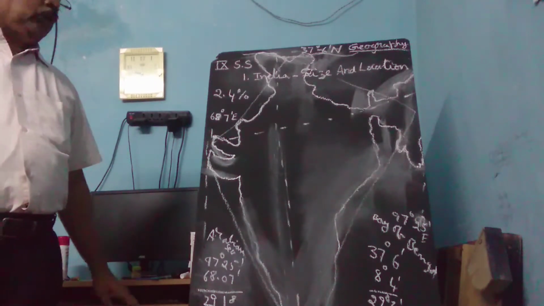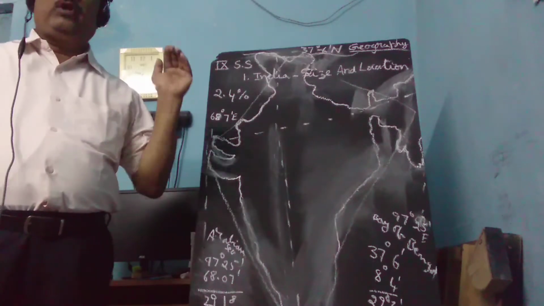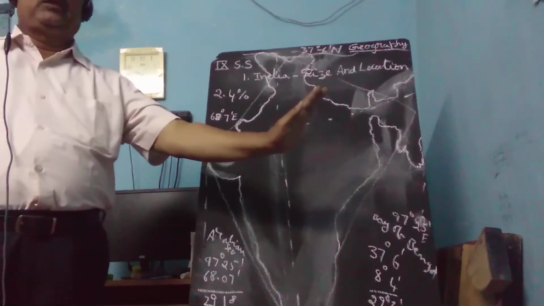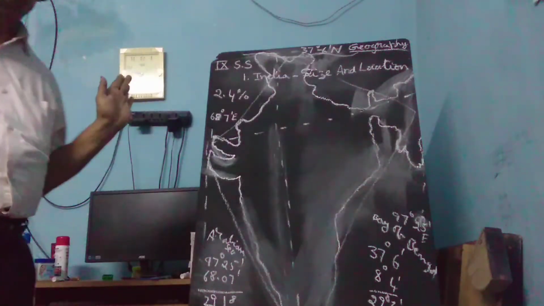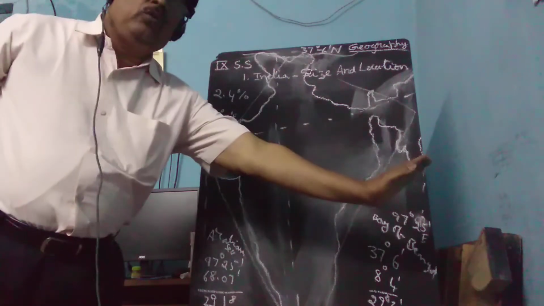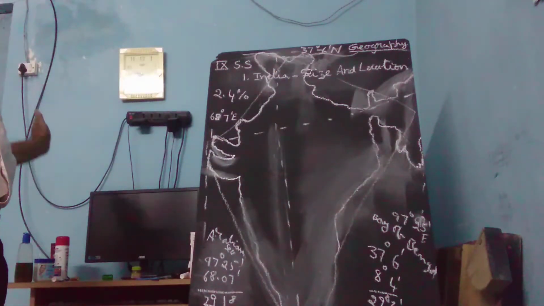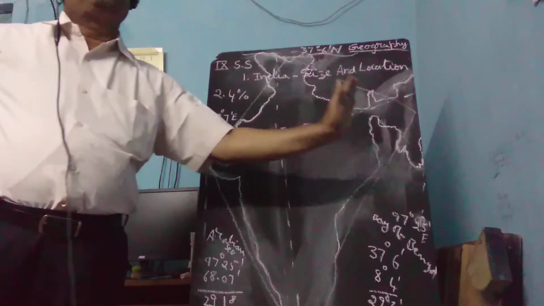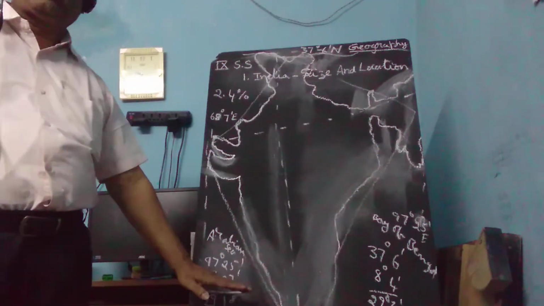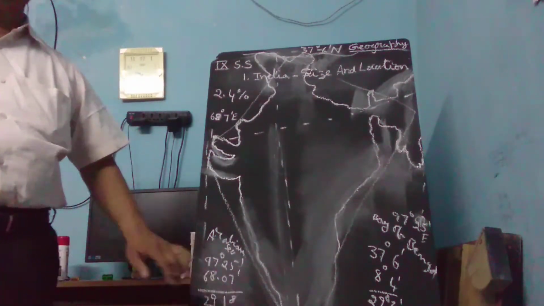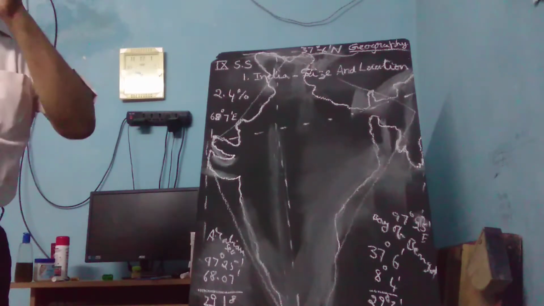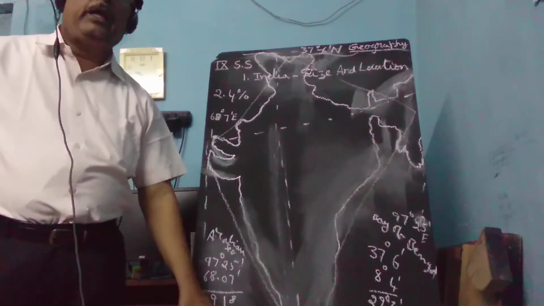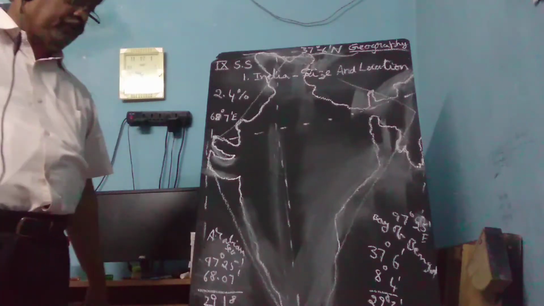So whoever wants to go from west to east or from east to west, that is from the Pacific Ocean to the Atlantic Ocean, or from the Atlantic Ocean to the Pacific Ocean, they have to cross through the Indian Ocean.